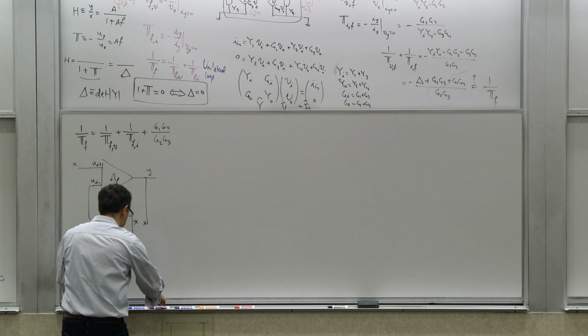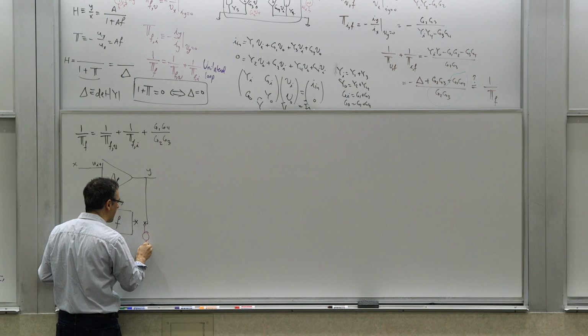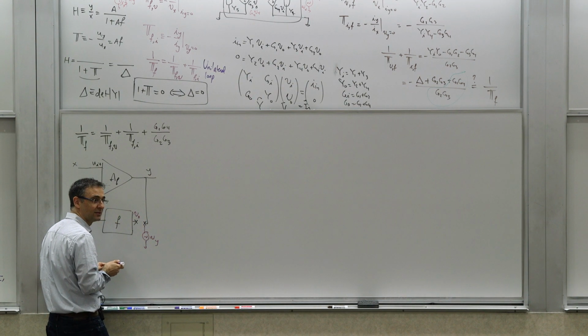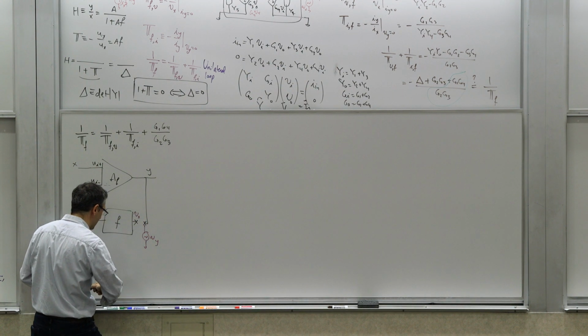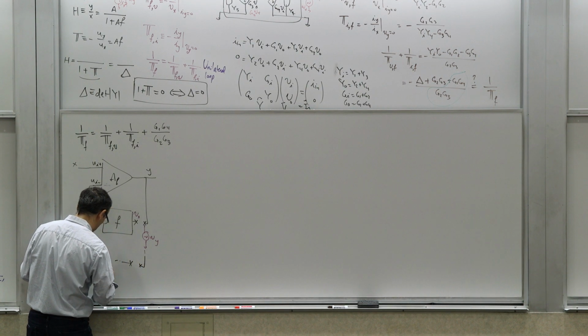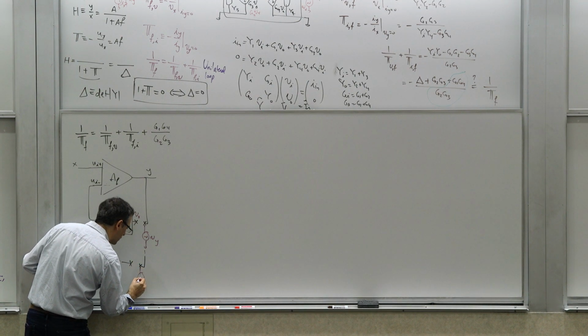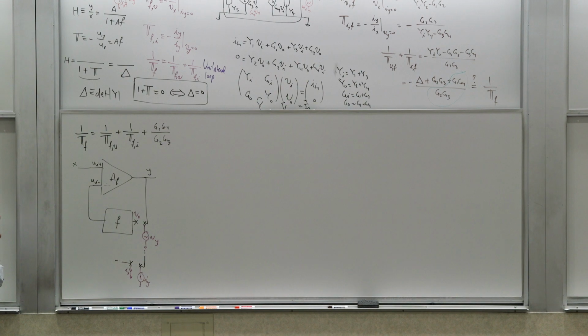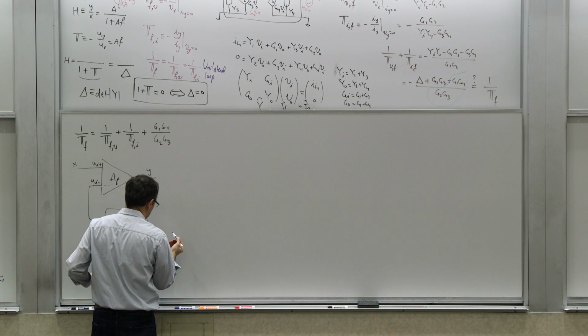So perhaps we calculate these things: apply a Vy here and measure Vx here, or similarly, I'm just going to draw that part of the circuit, apply a current source Iy here and measure the Ix here. So these would be reverse voltage and current loop gains, and these can be calculated. We know how to calculate them.